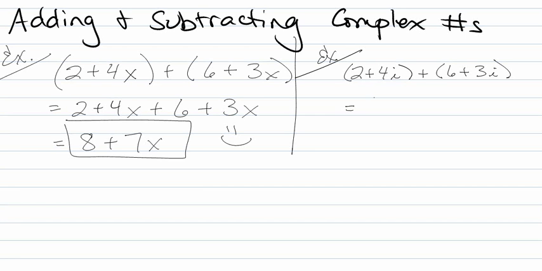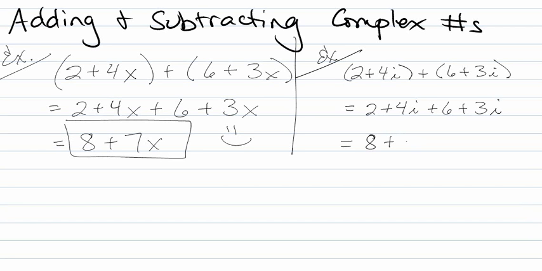So we have 2 plus 4i plus 6 plus 3i. Maybe not sure what we're doing next, but we know for sure those parentheses don't matter. So we can drop those parentheses. Now all we need to do is combine like terms. So we can say 6 plus 2 is 8, and then 4i plus 3i.